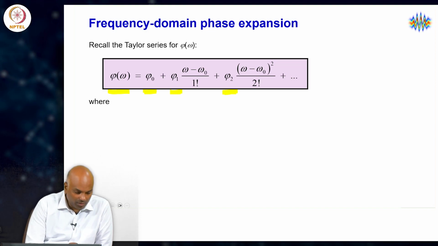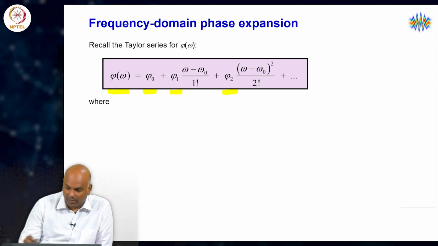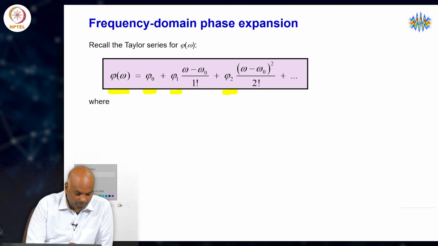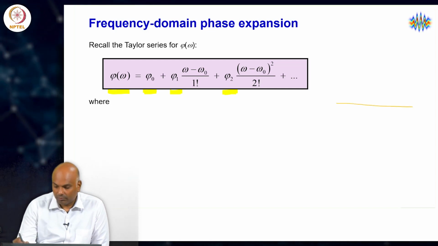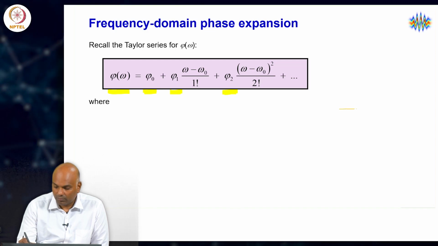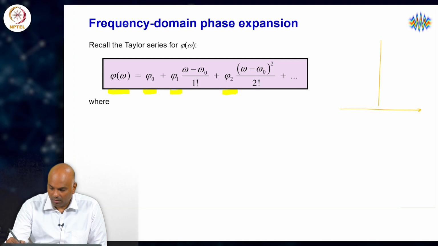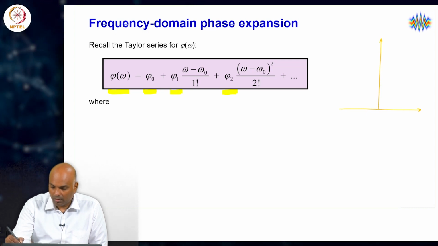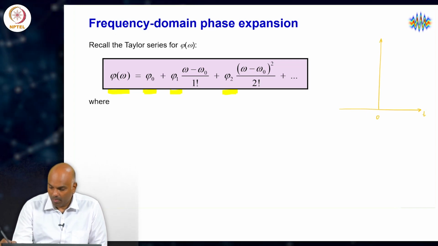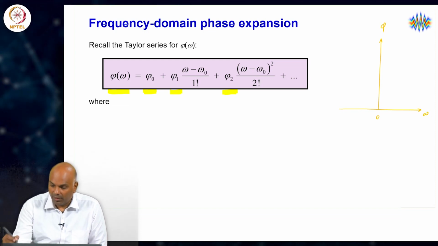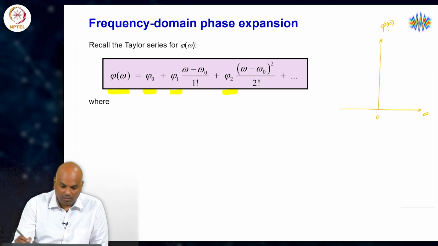In other words, if I may take recourse to a bit of drawing, this is omega, this is phi of omega.